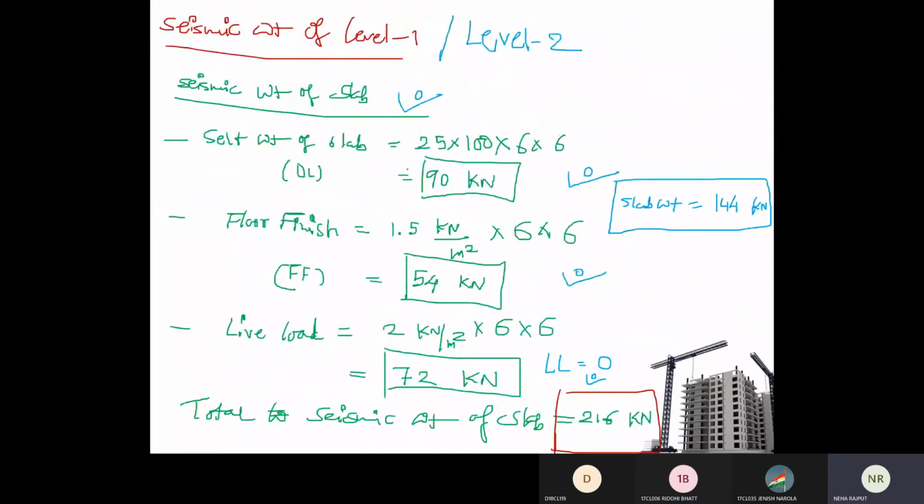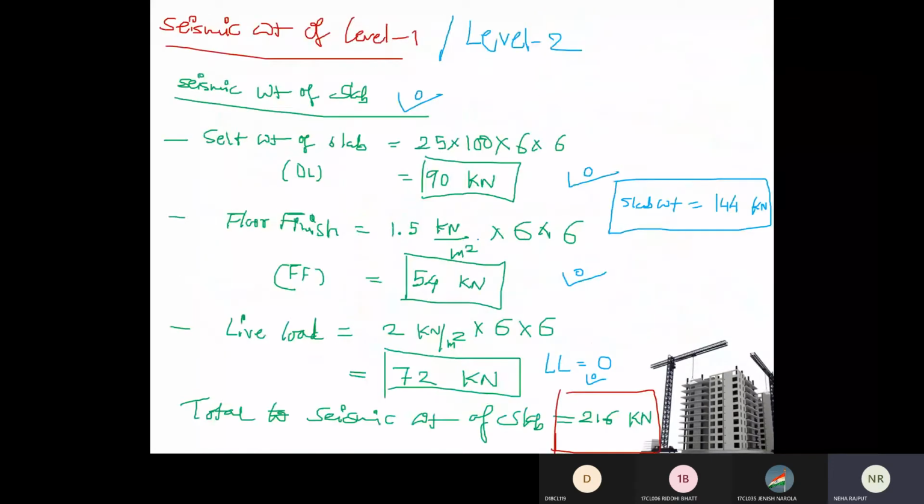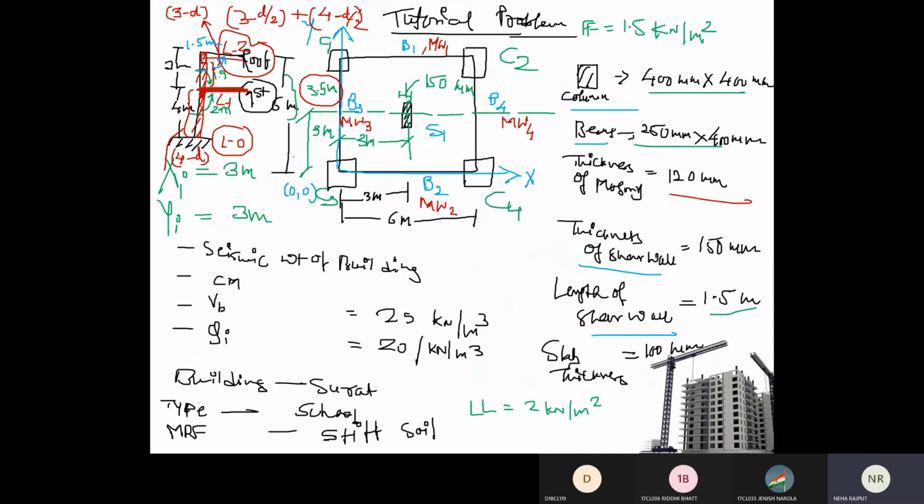So weight is 216, so 216 into 3. Chalo. The second weight is the beam. Single weight of a beam is 15 kilonewton. Now we'll see, in the x direction, what is the CG distance of this B1 beam from the origin? 3 meter.